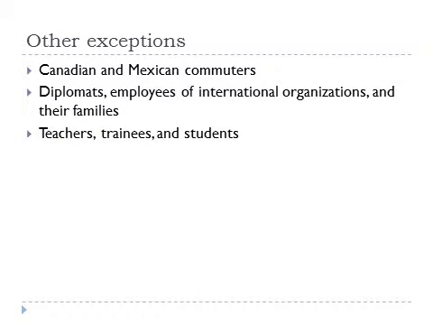Teachers, trainees, and students. If individuals are present in the United States as teachers, trainees, or students, then their presence is not taken into account for the purpose of determining if they are U.S. residents. These are individuals present under specific types of visas who comply with all the provisions of those visas.